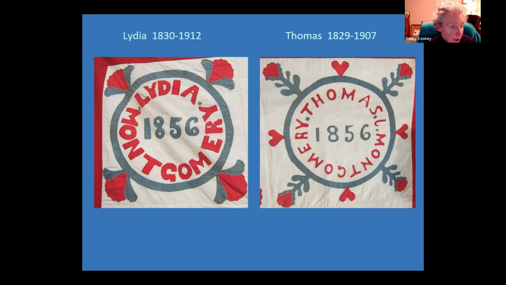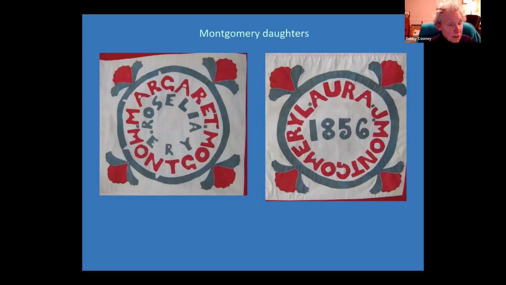And after a long stretch in the hospital, he enlisted again in the 114th Infantry and was wounded again in Virginia. All of this is in his pension record, by the way. By 1863, Lydia had 4 more children in addition to Margaret, Roselia here, and Laura. So she was trying to raise them while he was off at war. So that's probably why this top is never finished.